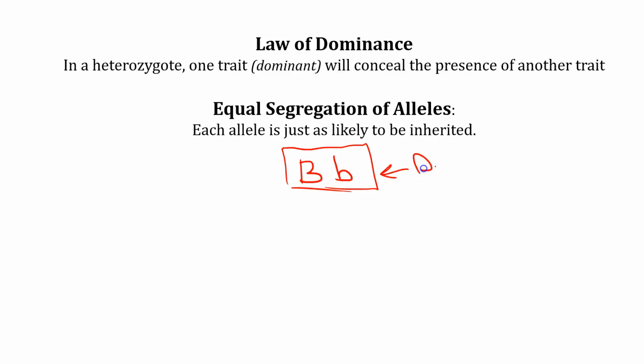this represents a diploid scenario where the person has two genes, one that they inherited from their mom and one from their dad. And when they go to make haploid gametes, only one of these comes along. Whether it's the little b or the big B, it's just as likely that the little b could come as it is that the big B could be packaged up into the gamete.